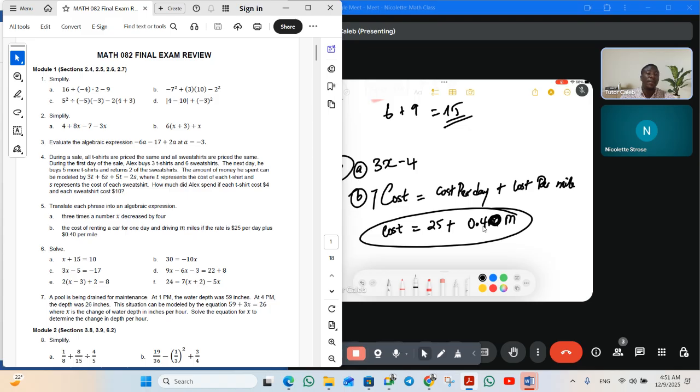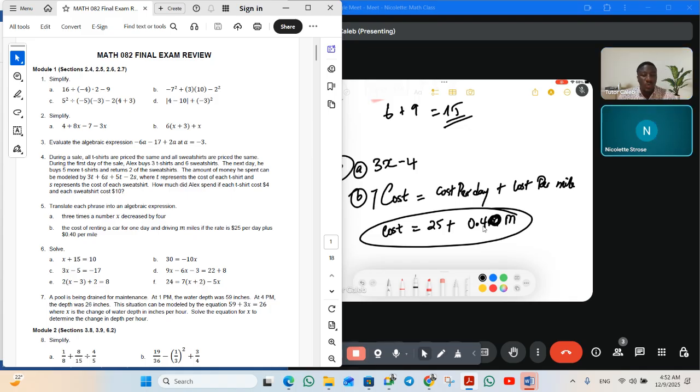It doesn't need to be M, it could be X. X just represents a certain number of miles that they will be driving that we don't know. So we say 1 mile costs 40 cents, so if they're driving for 10 miles, they'll pay 40 times 10, correct?